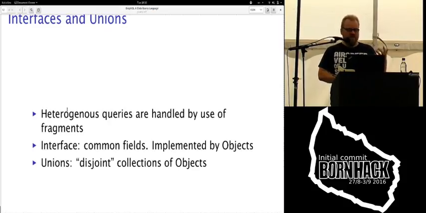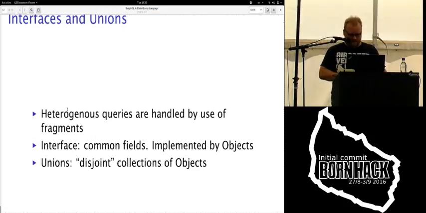And then there's unions, which are for when I just have a bunch of objects and they have no fields in common. If you're a type theorist, this is like a sum type, but not precisely a sum type. There is a tag, but it's kind of hidden. This is the case in the room.